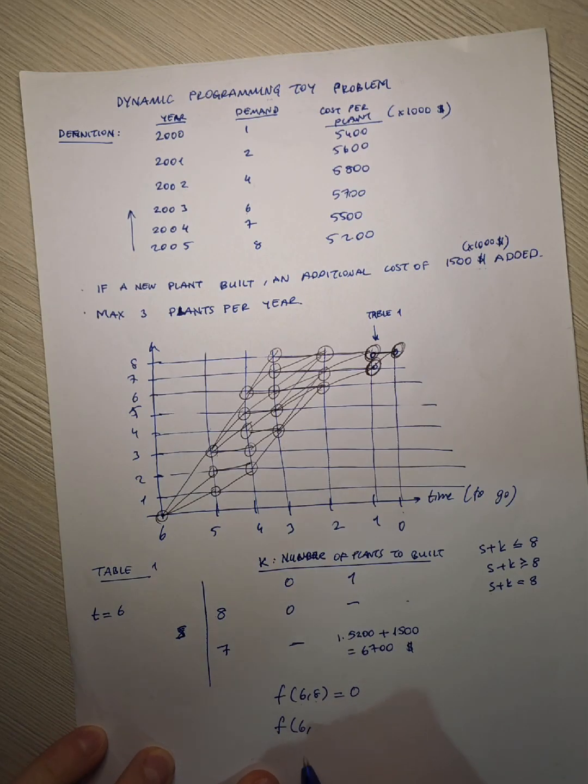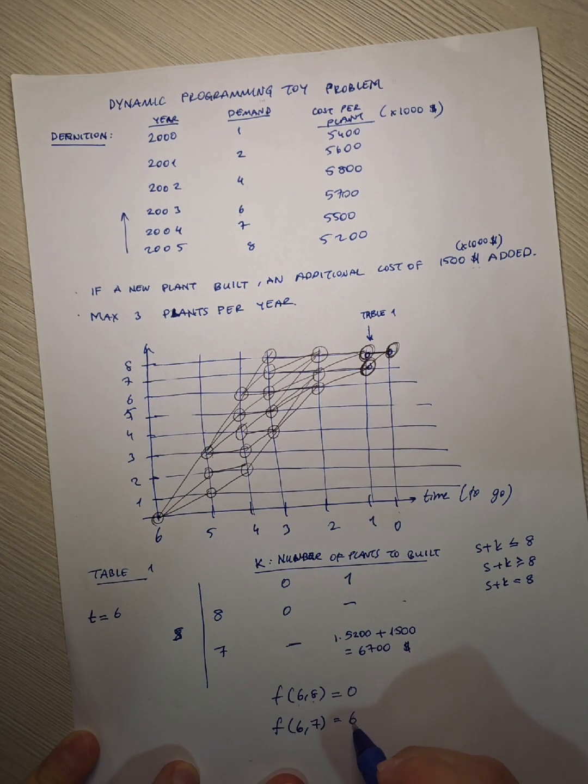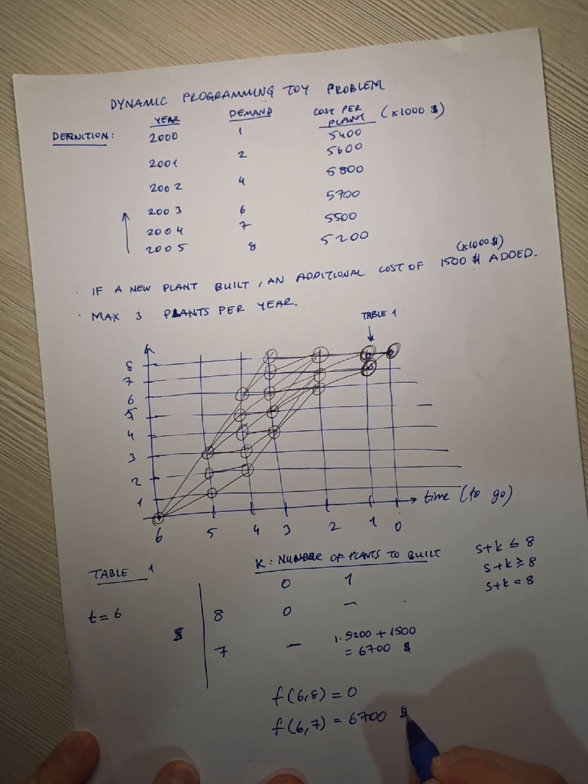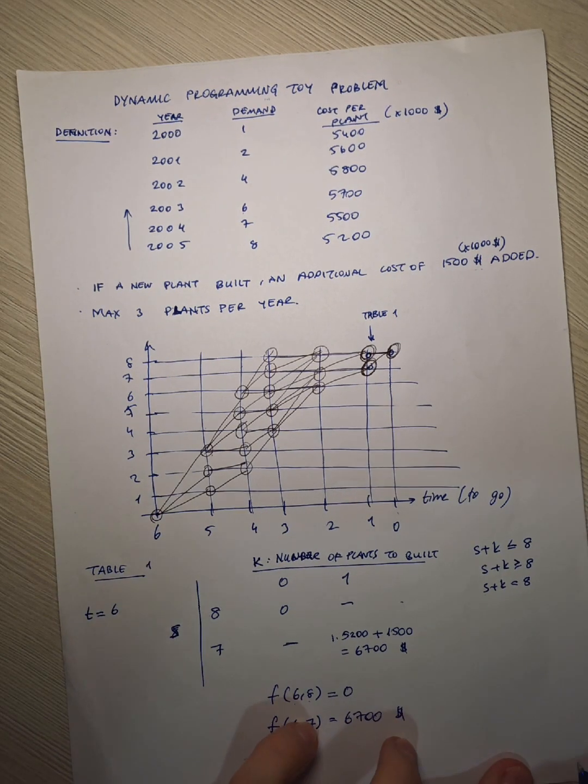So at time 6, if we had 7 already, to reach the goal we need to invest $6,700.